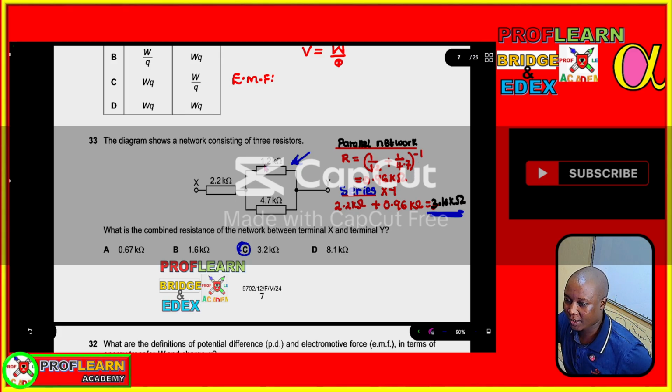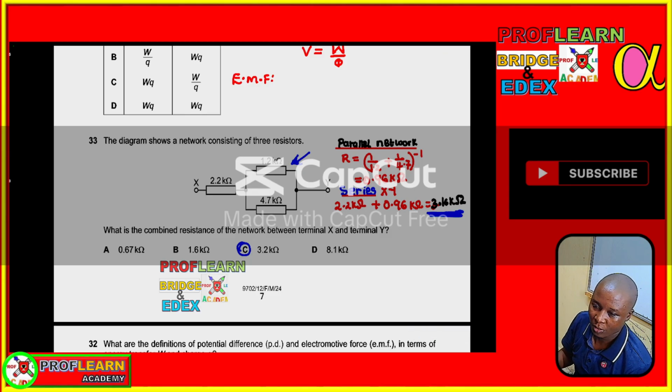Then since these two are in series with this one, after getting this combination we add to it. So we say 2.2 kilo ohms plus 0.96 kilo ohms, and that translates to 3.16 kilo ohms. That is basically what we are going to do.